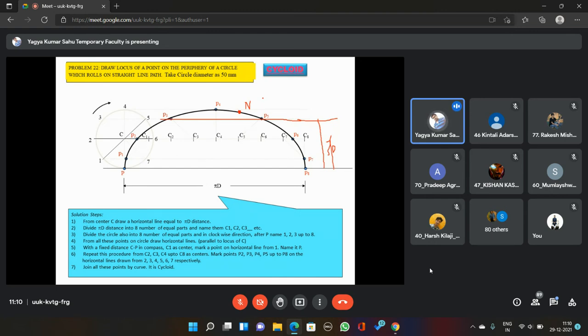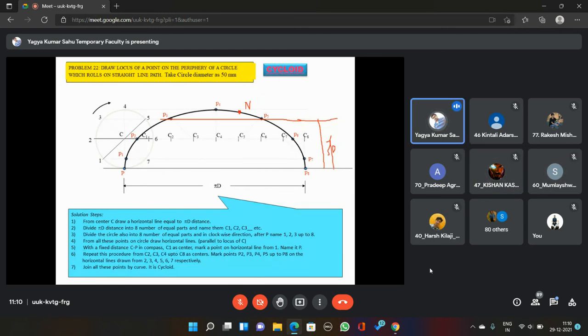For this, we need Cn. What is this Cn? Point on the center line for this particular point N. So what will be the distance of Cn from N? R, radius of rolling circle.